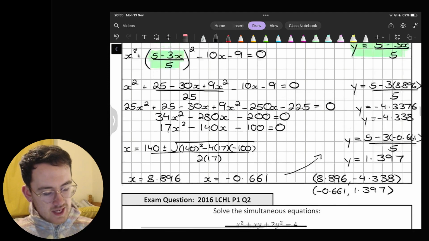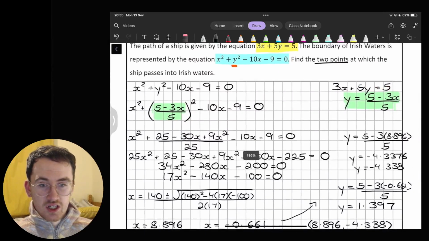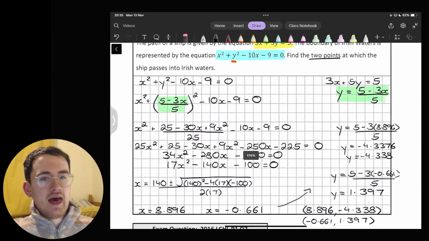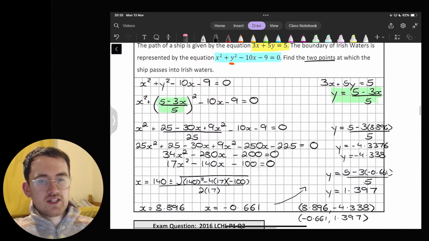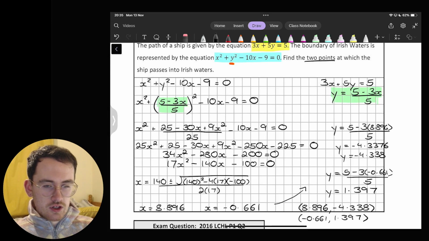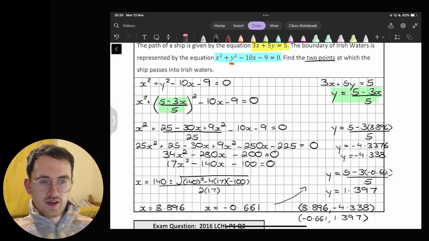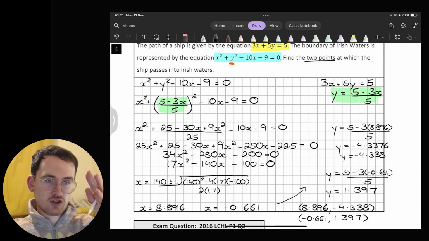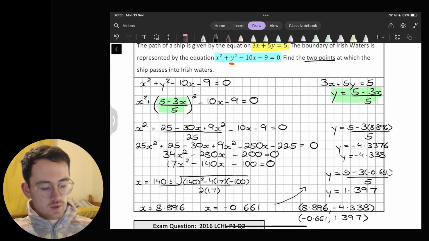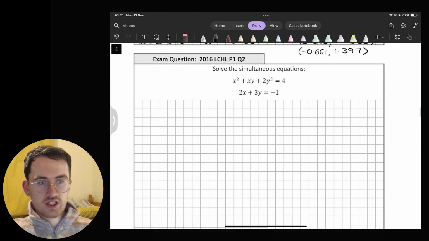That equation actually looks like it's probably a circle of some form. We haven't done that yet, but it probably is some sort of circular shape, which would fit with what we might expect the border of Irish waters to be. So the ship is coming close to and then going out of the waters again. So we have 2 points of intersection.